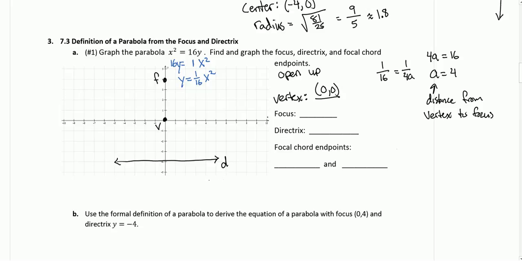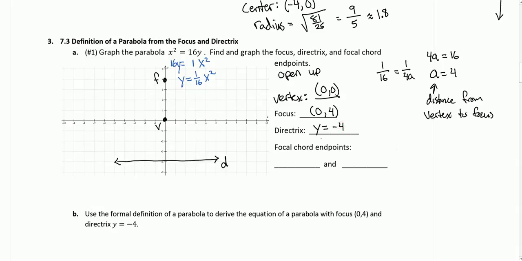The vertex is dead center between the focus and the directrix, a distance of 4 away from both. So the coordinate of our focus is 0, 4. The equation of our directrix is y equals -4. Make sure you have y equals, not x equals.